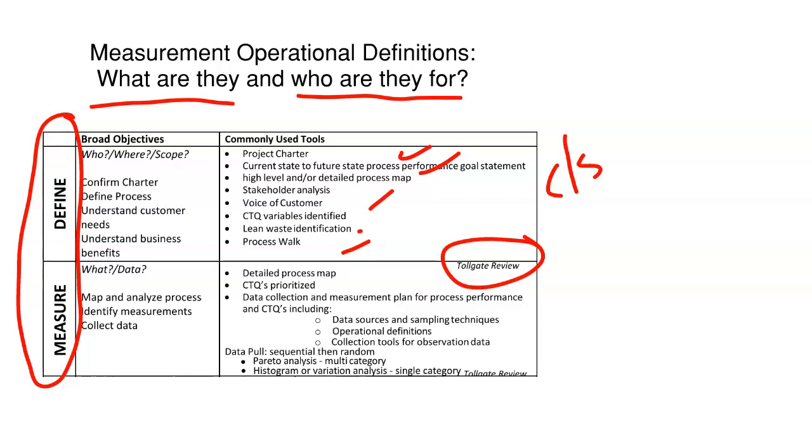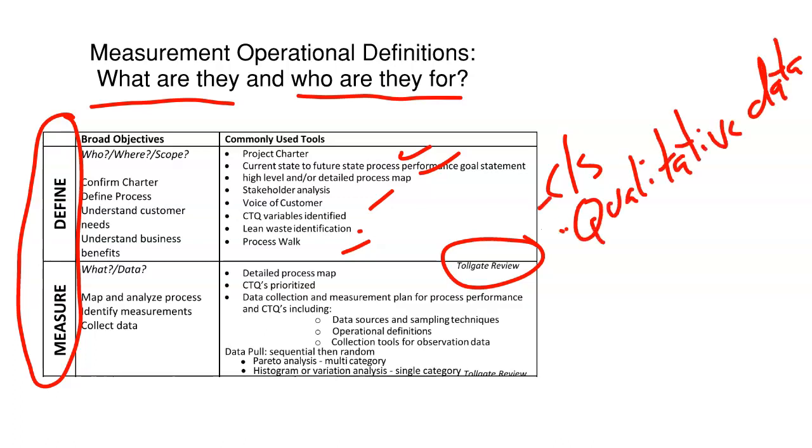You've identified many stakeholders and interviewed a few of the most important, and you've also captured a whole bunch of qualitative data. You've taken that qualitative data and used it to help create critical to quality variables. These are variables that are affecting overall process performance. They're written in a format that could be measured, but in the define phase, you haven't yet gone out and measured them.